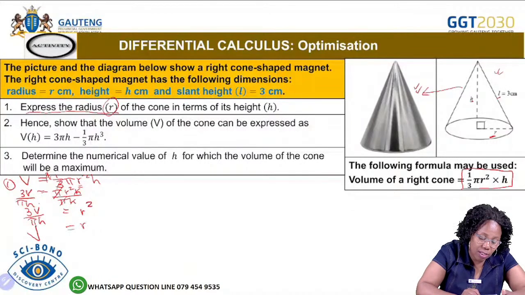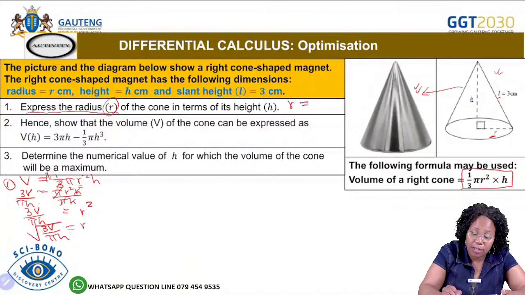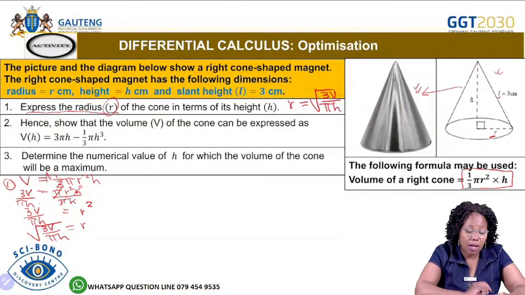So we are taking the square root of that. If it loses the 2, it will gain a square root on the left hand side. That is 3V over pi H there. So that is our R value. So R is equal to the square root of 3V over pi H. Okay, and then now number 2.